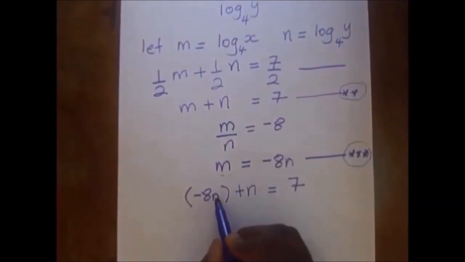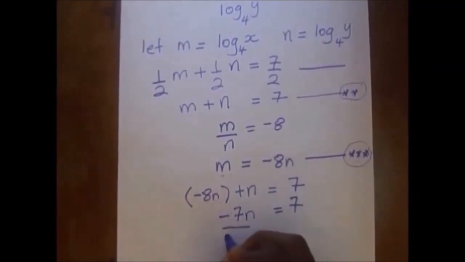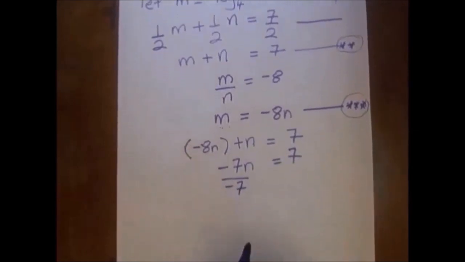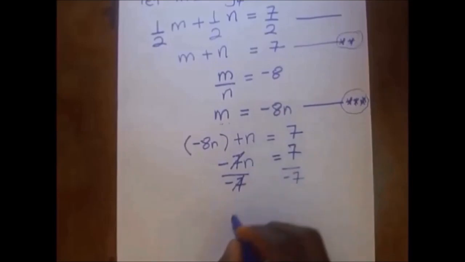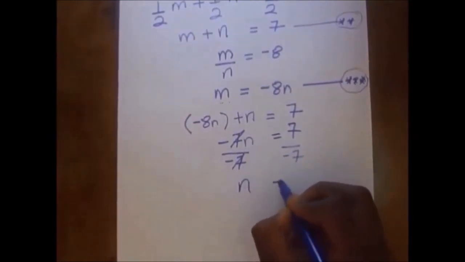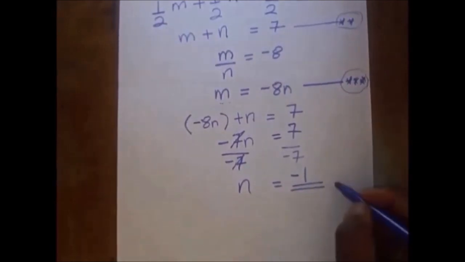So what do we have here? Negative 8n plus n is going to give us negative 7n, giving us 7. Divide both sides by negative 7. You remain with n as negative 1. So our value of n is negative 1.